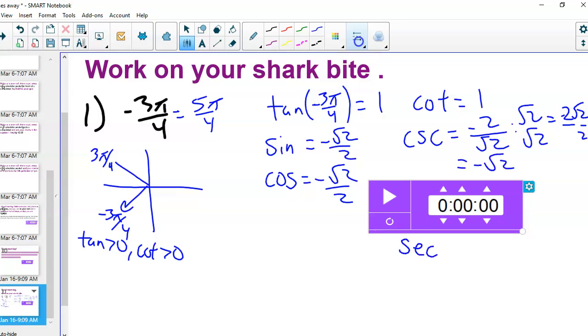So secant would also be negative root 2. So 1, 1, negative root 2 over 2, negative root 2 over 2, negative root 2, and negative root 2. Should be your answers for that one.